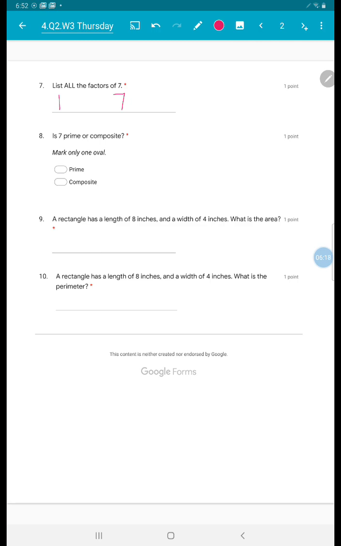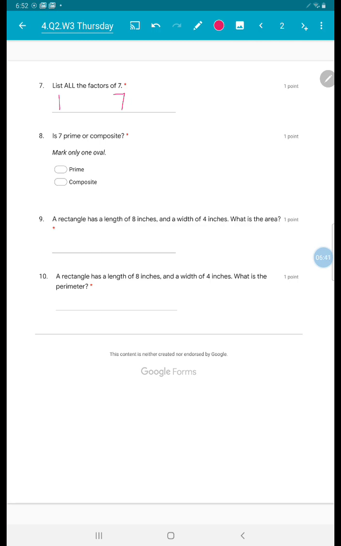I can try 4. 4 times 1 is 4. 4 times 2 is 8. So there's nothing I can multiply 4 by to equal 7. I know 5 can't be a factor because anytime I multiply 5 times a number, it's going to end in either 0 or 5. So 5 is not a factor.